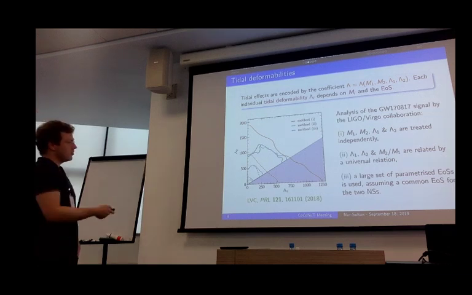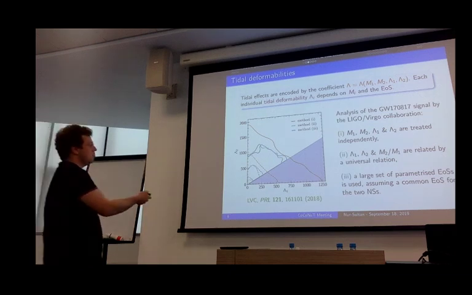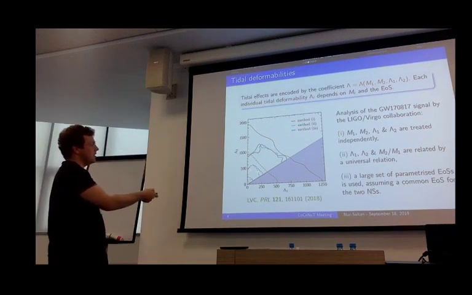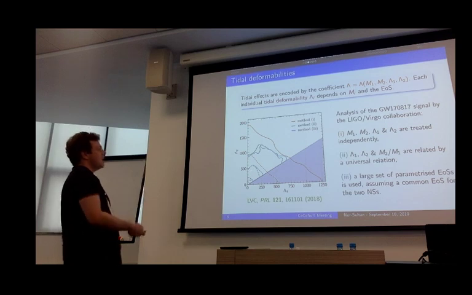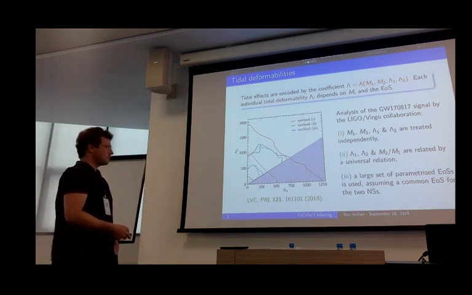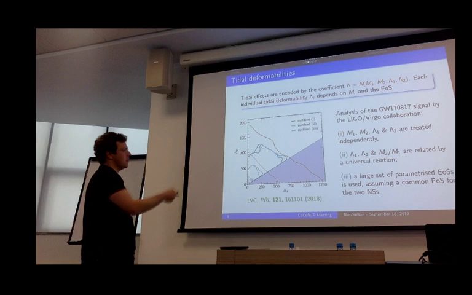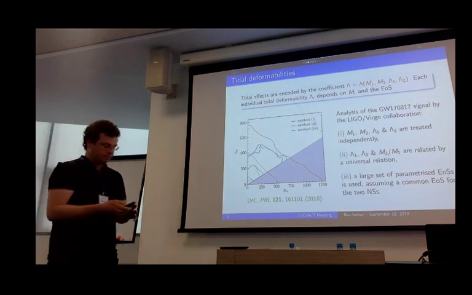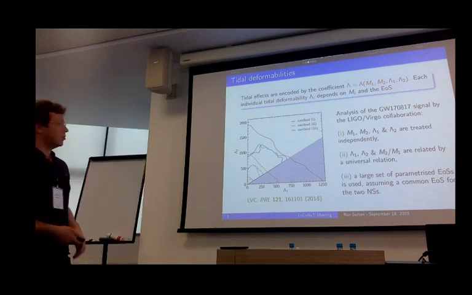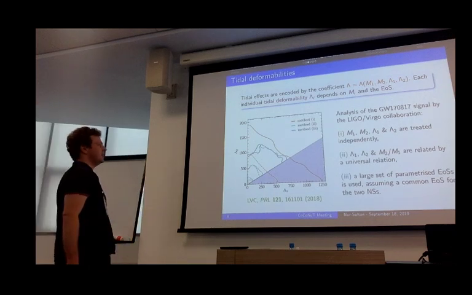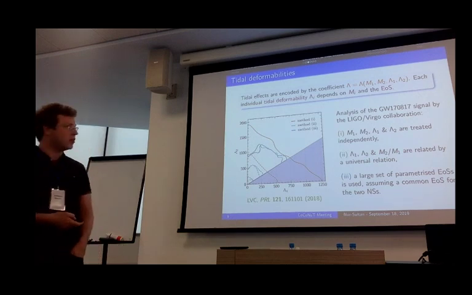So the 50% most credible values are here, delimited by this dashed line, and the 90% levels are plotted here with plain lines. So indeed, it's now very tempting to compare this data with preferred equations of state.